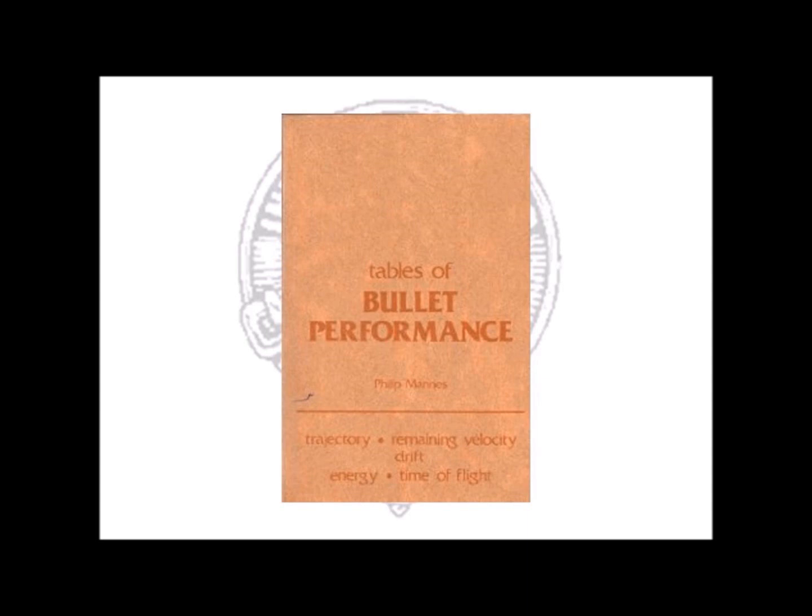This book allows you to look up ballistic coefficient from 0.09 to 0.7, muzzle velocity from 1,000 to 4,000 feet per second, and determine the amount of drift and drop for a given bullet. What you're looking for is a ballistic coefficient of at least 0.4. Ideally, you want 0.5 or 0.6. This will increase the bullet's ability to buck wind drift and retain velocity.